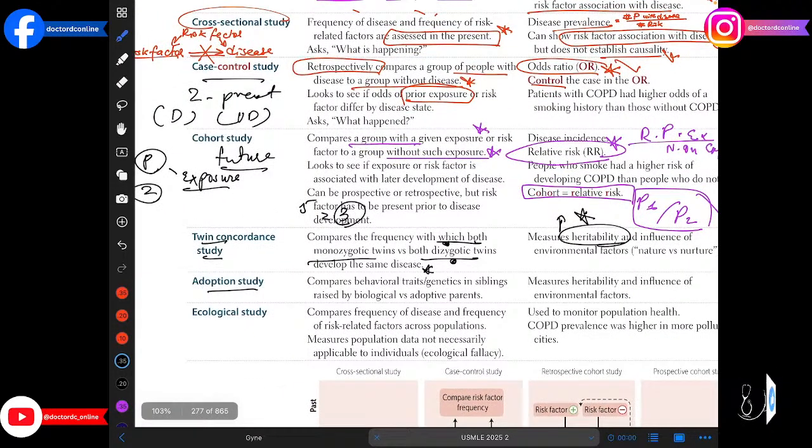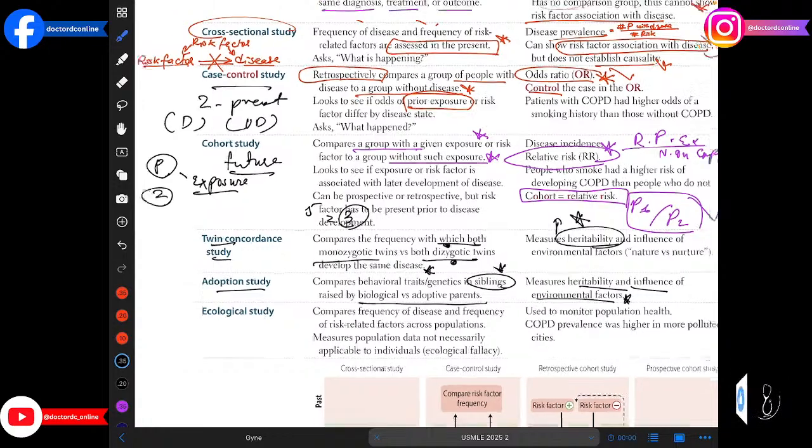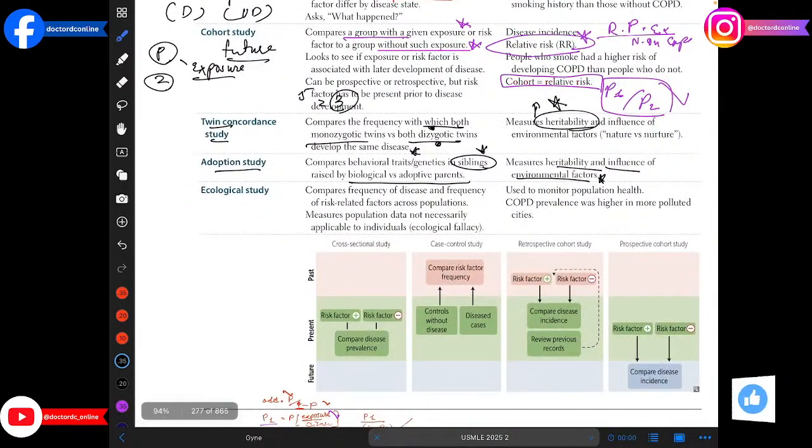Adoption studies compare siblings raised by biological versus adoptive parents to separate heritability from the influence of environmental factors on disease. This is looking at that characteristic nature versus nurture when it comes to complex diseases.